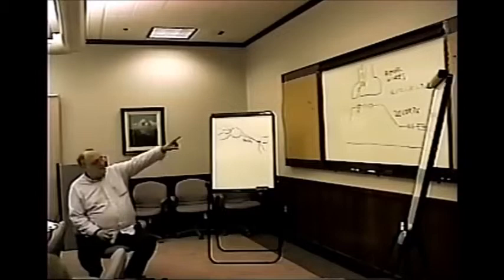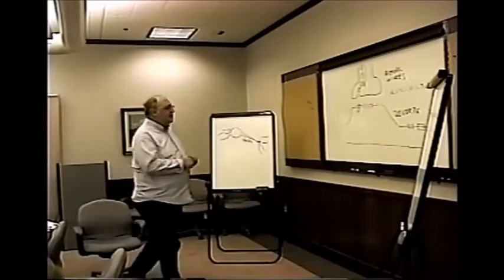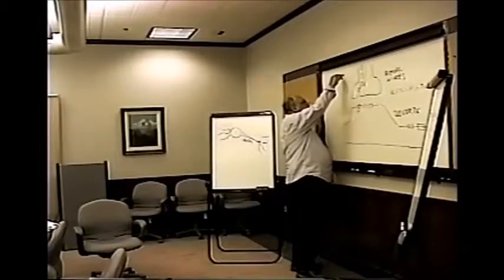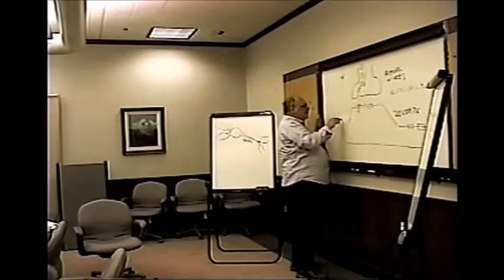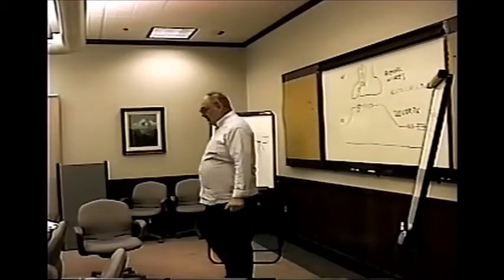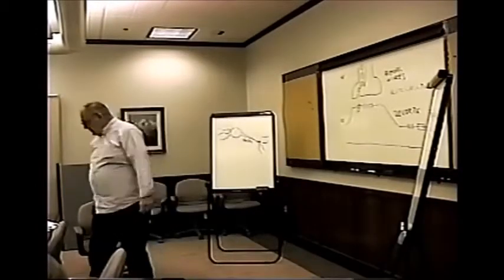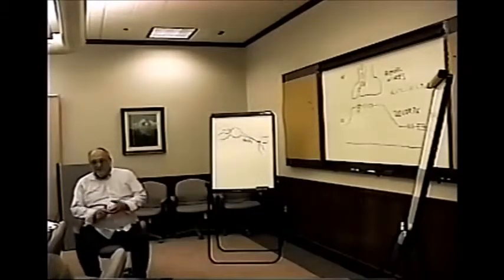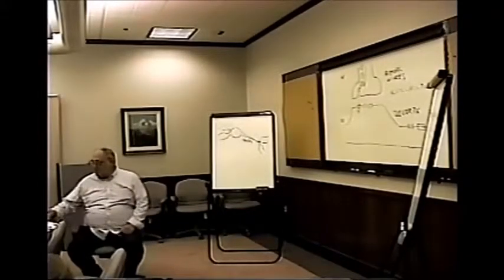So if this is neuron 1 here, and this is neuron 2 here, then N1, if it's firing very rapidly, that will mean something like, oh my God, my finger really hurts from that burn.